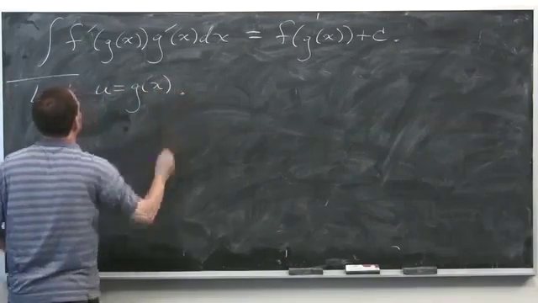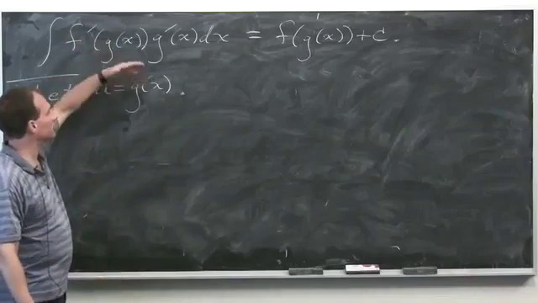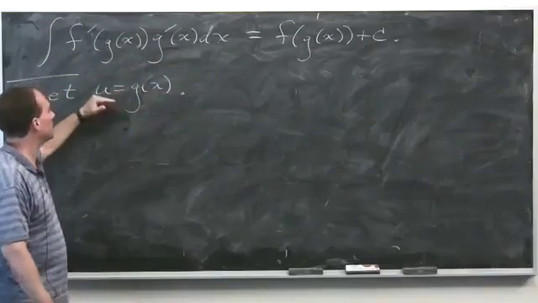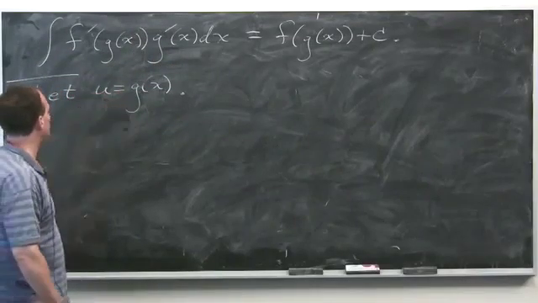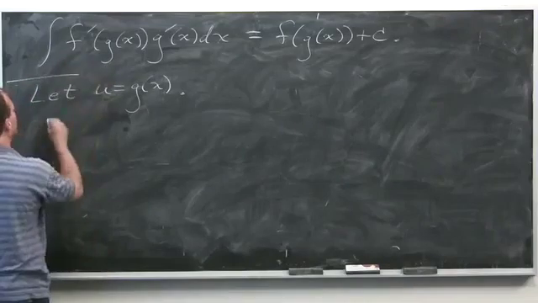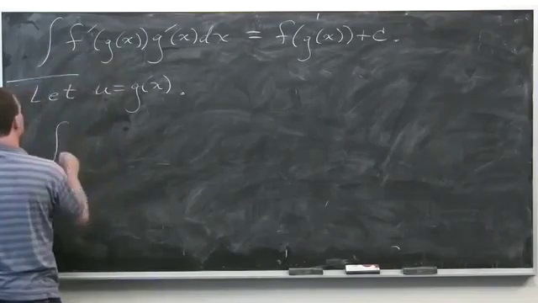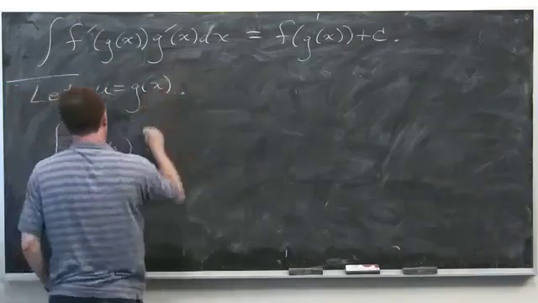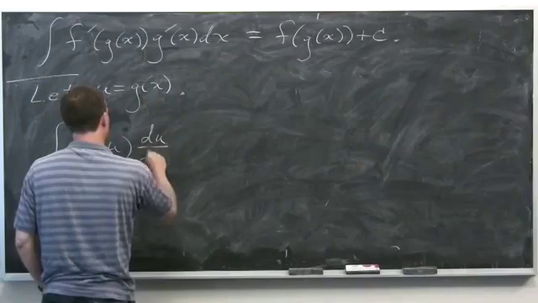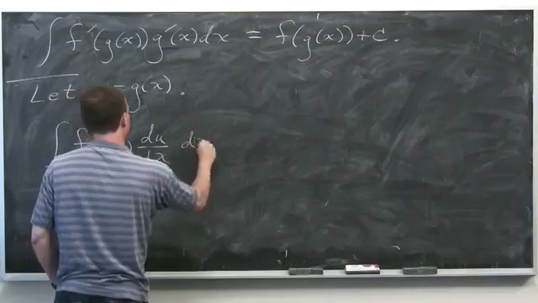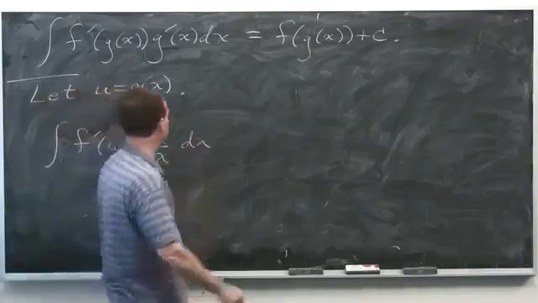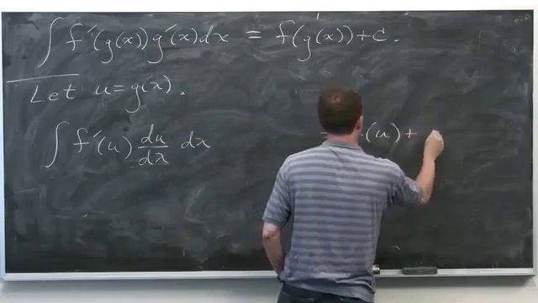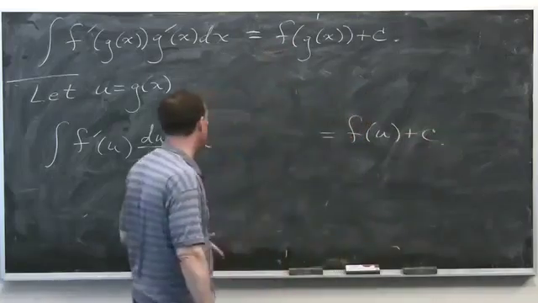So you have an integral. You see that some function is done to some other function, and then there's other stuff in the problem like this. So you let u be g of x, and then what happens? Then this integral is f prime of u, g prime of x is du dx, and you integrate that with respect to x. And what this says is you end up with f of u plus a constant. Then you would put back in that u is g of x, and you get this answer.